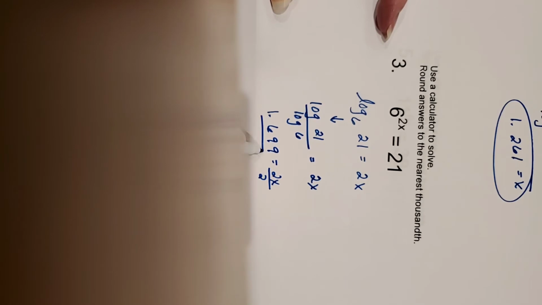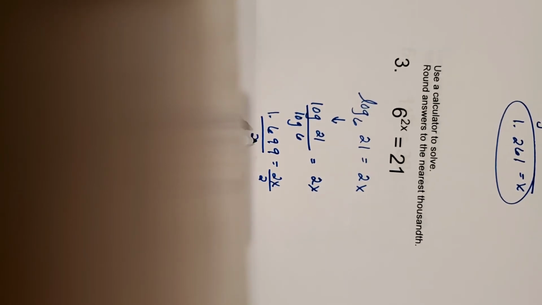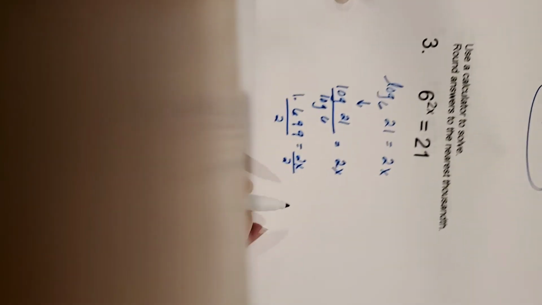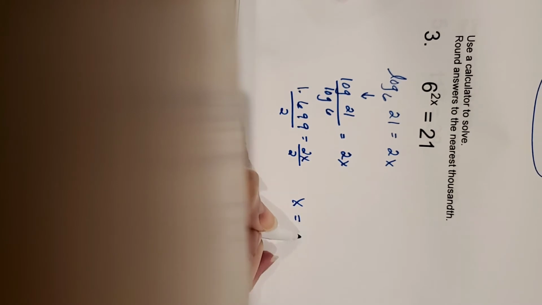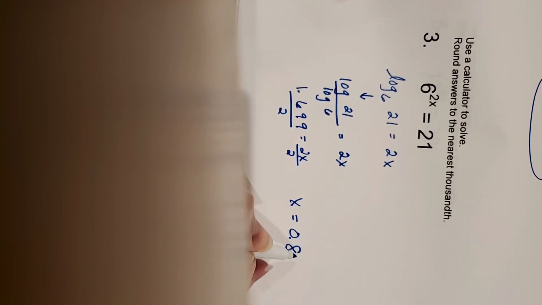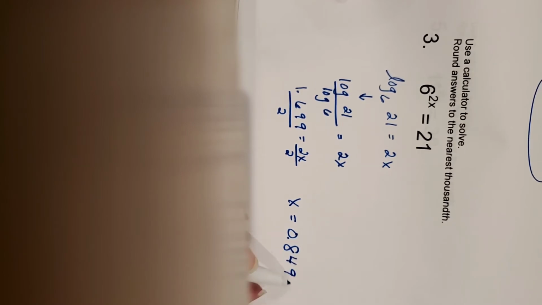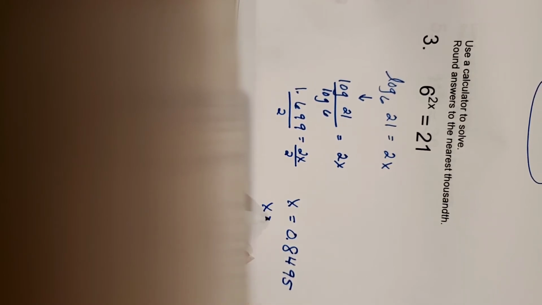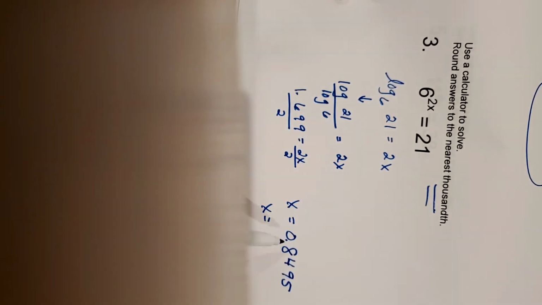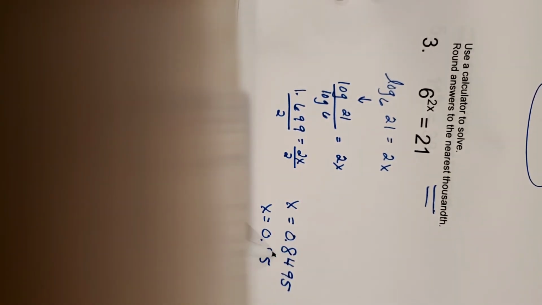Finish solving for x. And we get x is approximately 0.8. It says 495, but when we round that, following the directions nearest thousands, that's going to actually round to 0.85.